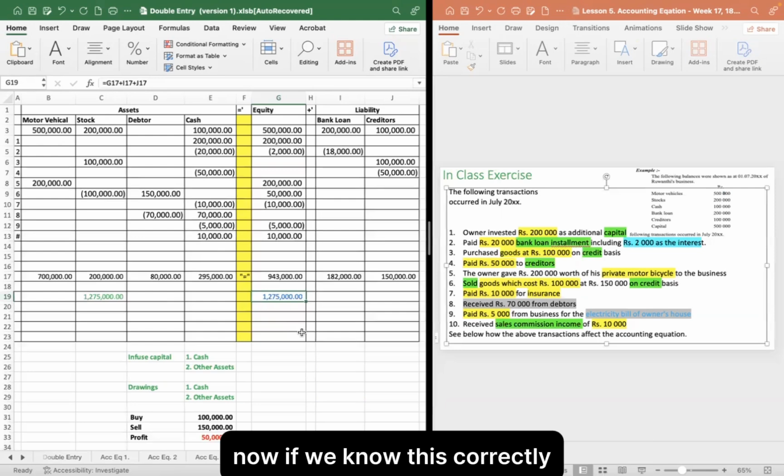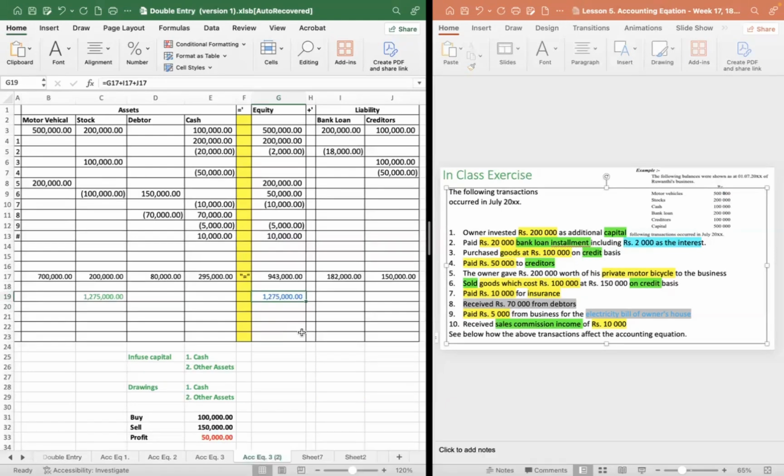Okay, now if we know this correctly, we can categorize these transactions correctly and put them into the accounting equation. When you read a transaction you will understand which accounting elements are impacted by this transaction, and where I should put it.